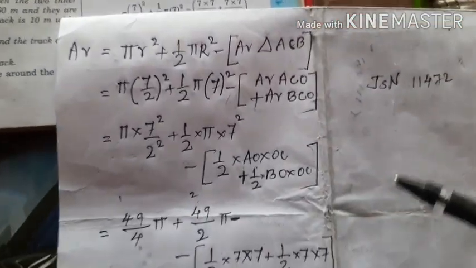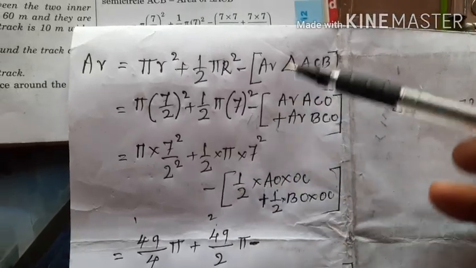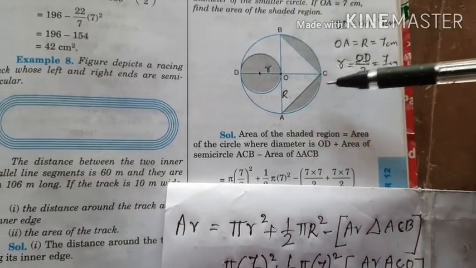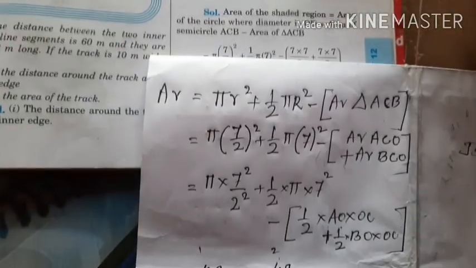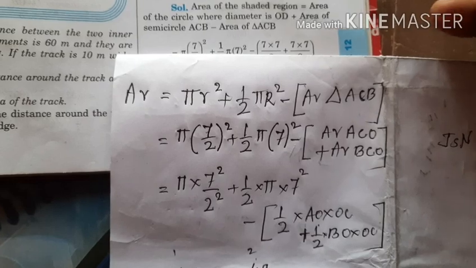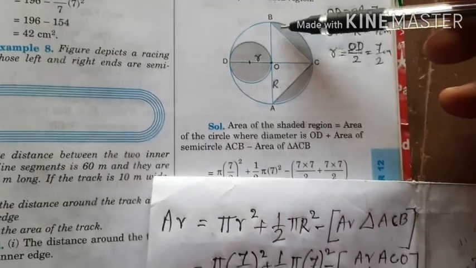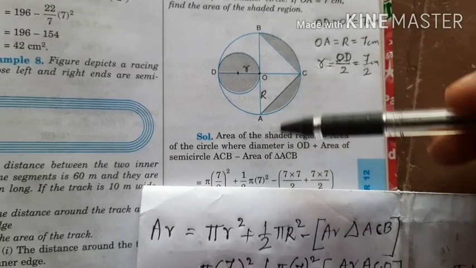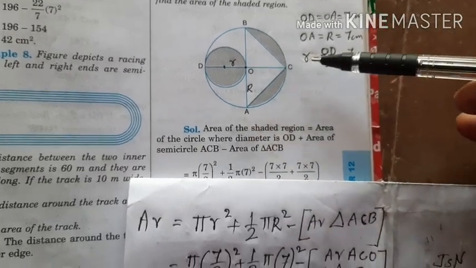Therefore, children, here area of triangle ACB. Area of triangle ACO, I take this as base and this as height.